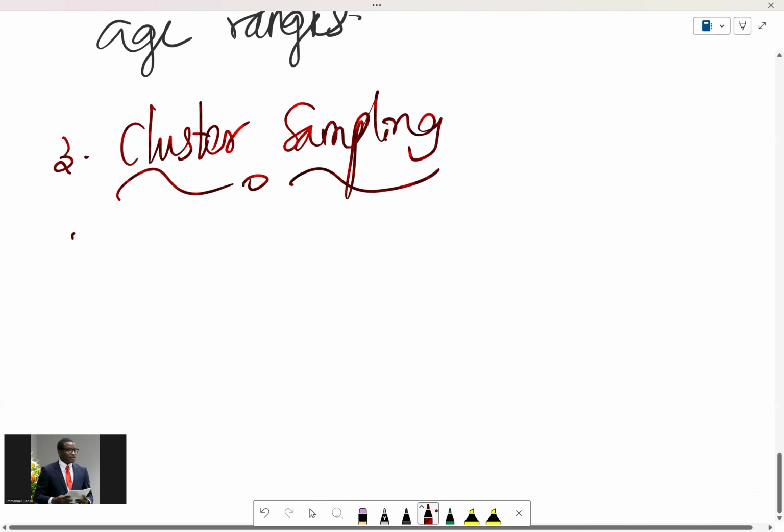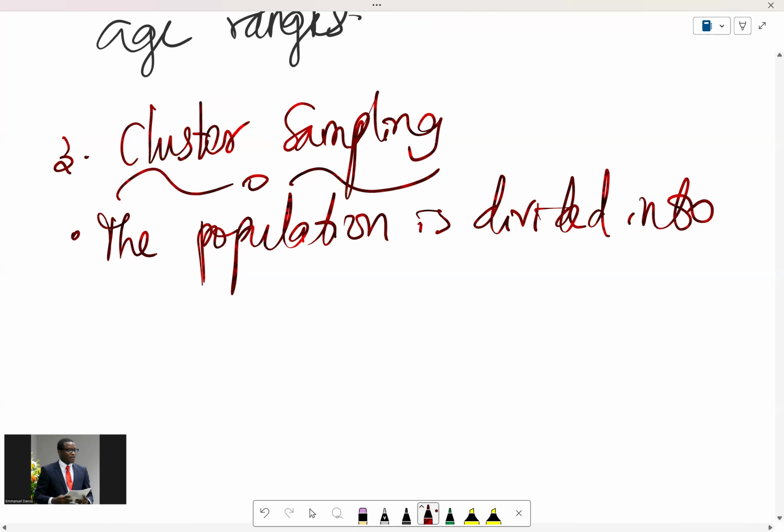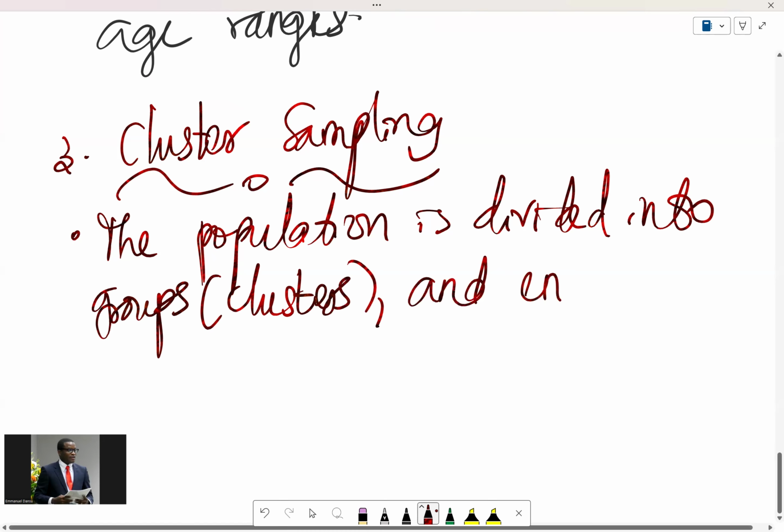Okay, in this case, the population is divided into groups, or what you can call clusters, and entire clusters are randomly selected.